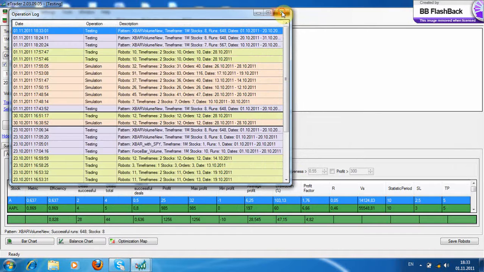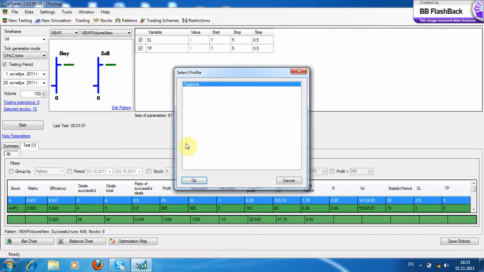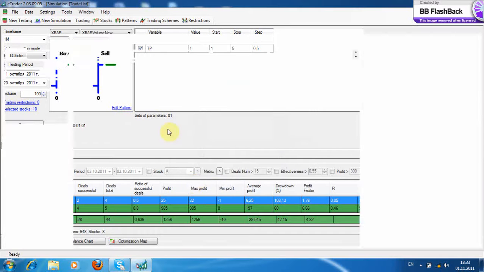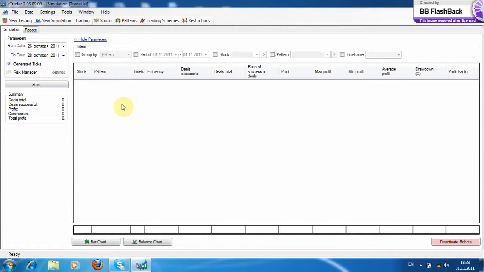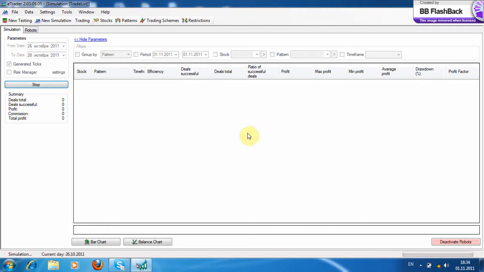The next module is simulation. We call this module simulation because we're going to see how our program would behave during real-time trading.